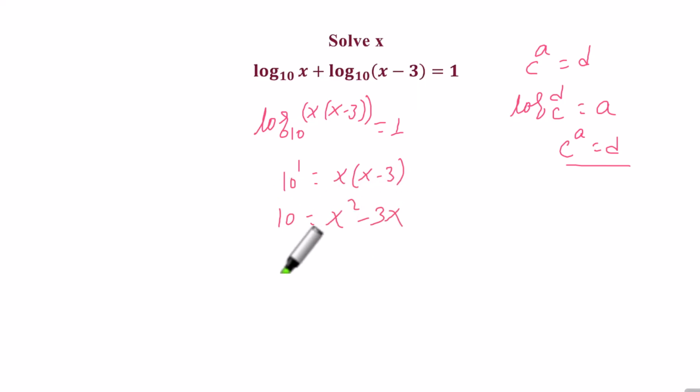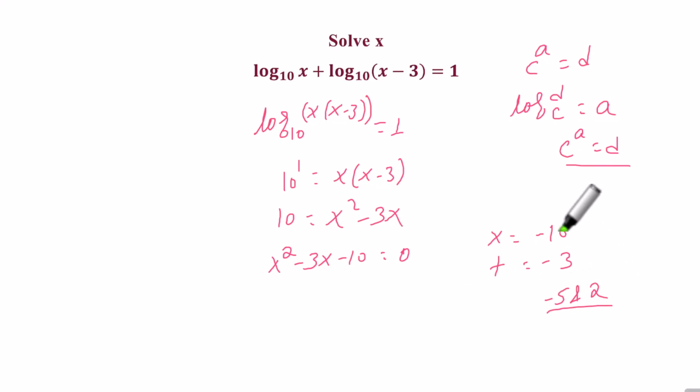You can shift this and it becomes x squared minus 3x minus 10 equal to 0. So it becomes a quadratic. For a quadratic equation, you can factorize by finding numbers whose product is minus 10 and whose sum is minus 3. What are those numbers? Minus 5 and 2.